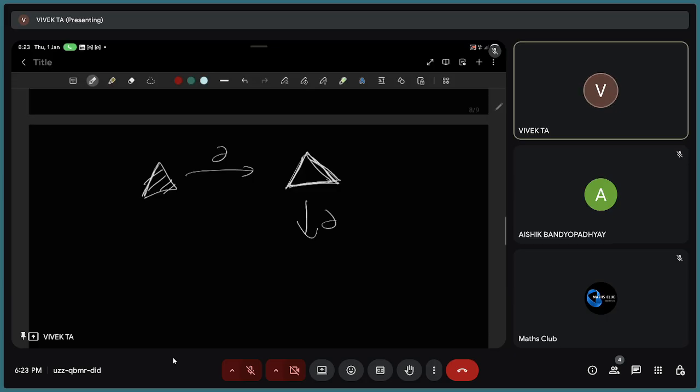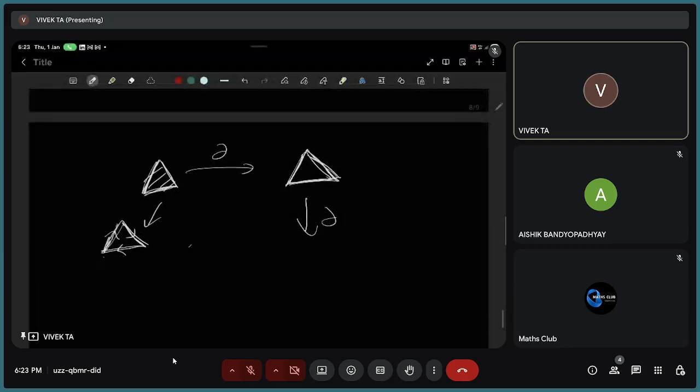Let's suppose this was the case and then you assign this orientation. If you took the boundary of this, you will get this. The boundary of this is going to be 1 to 2.